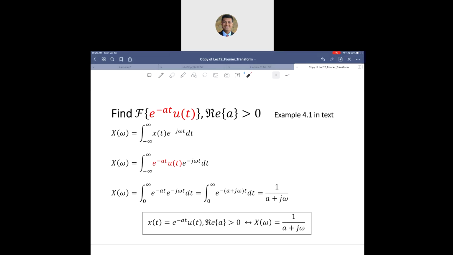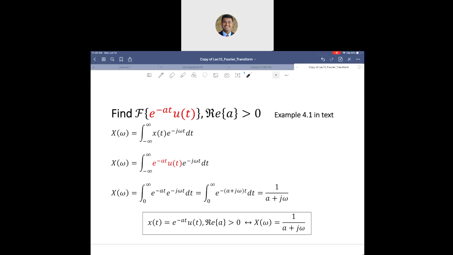So we are trying to find the Fourier transform of e to the minus at u of t, where a is a complex number whose real part is greater than 0. This is example 4.1 in the primary textbook, the Oppenheim textbook.